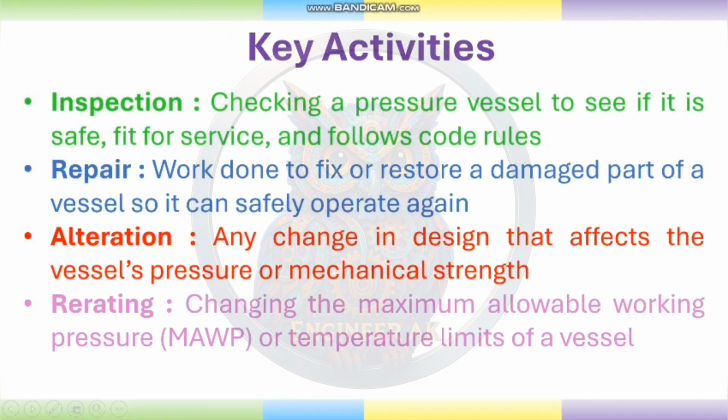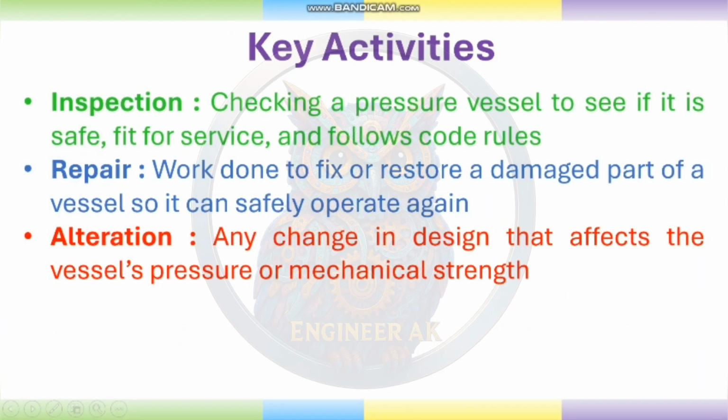For example, if I have a pressure vessel that is operating at, let's suppose, 100 psi, and after making certain changes, changing the nozzle or anything else, its pressure increases or decreases, for example now it is operating at 90 psi, that change will be considered an alteration. But if I change that nozzle and it doesn't affect the pressure holding capability or mechanical strength of the vessel, then that will be called a repair, right?